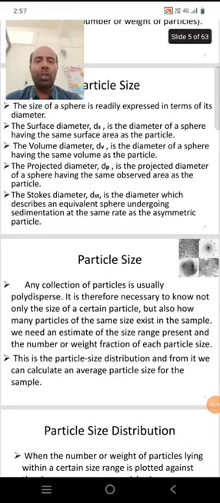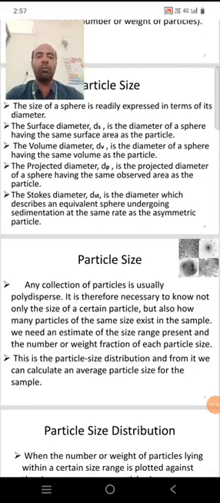A collection of particles is usually polydisperse. It is therefore necessary to know the size of the particles, but also how many particles of the same size exist in the sample. We need an estimate of the size range present and the number or weight fraction of each particle size. This is the particle size distribution, and from it we can calculate an average particle size for the sample.